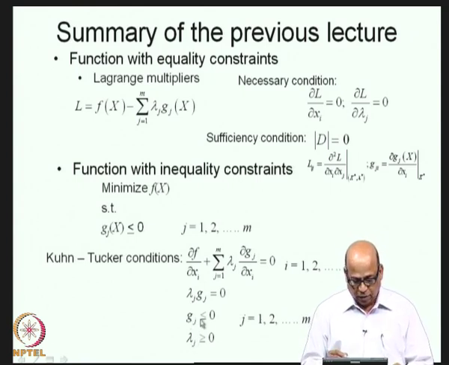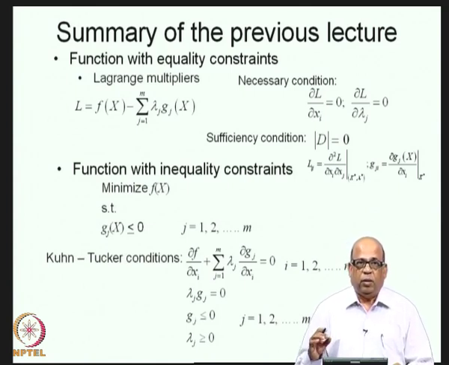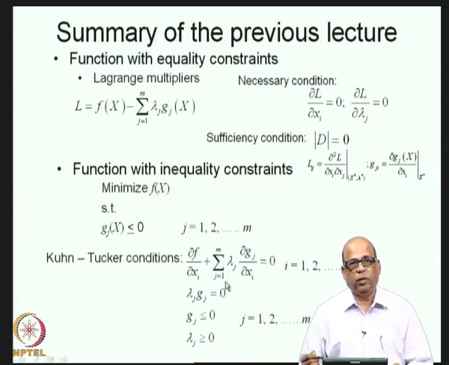The gj of x less than or equal to 0 will correspond to the original constraint. So, if you have gj of x greater than or equal to 0, then that particular constraint will come as one of the conditions here. So, when we are applying the Kuhn-Tucker conditions for an optimization problem, we solve for the stationary point using the first n plus m equations and then examine whether the solutions that we obtain satisfy the other two conditions.